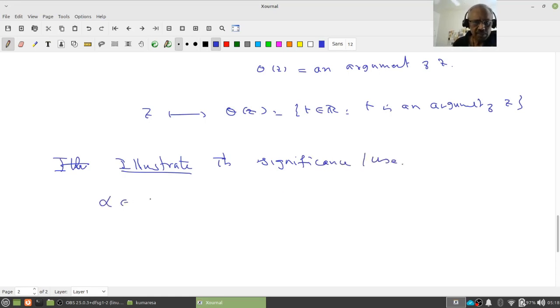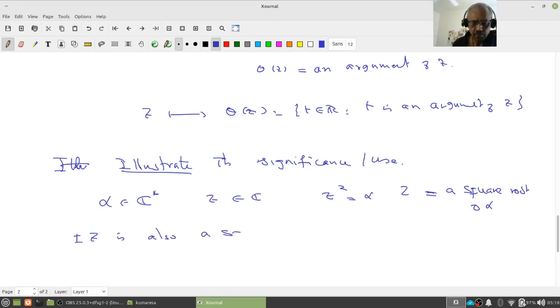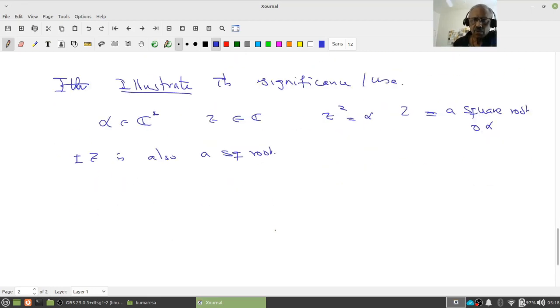Suppose alpha is a complex number. Start with a complex number z so that z squared equals alpha. Then I call z a square root of alpha. When z is a square root, plus or minus z is also a square root of alpha.